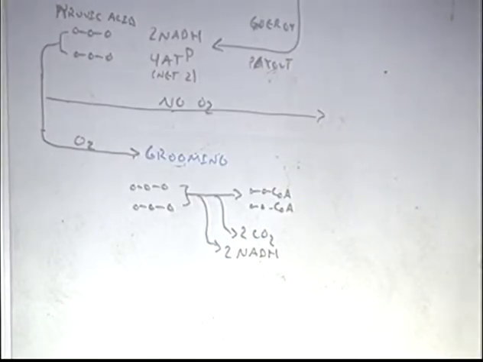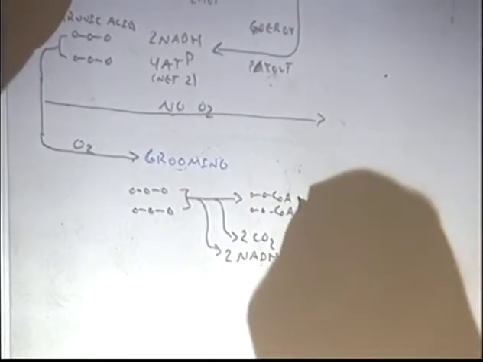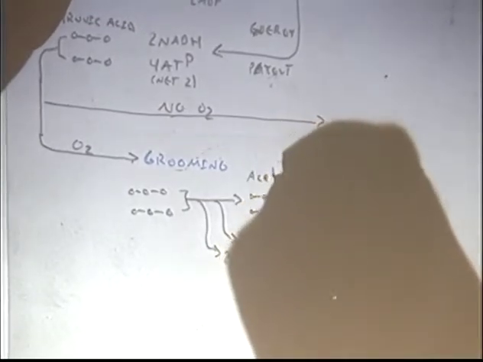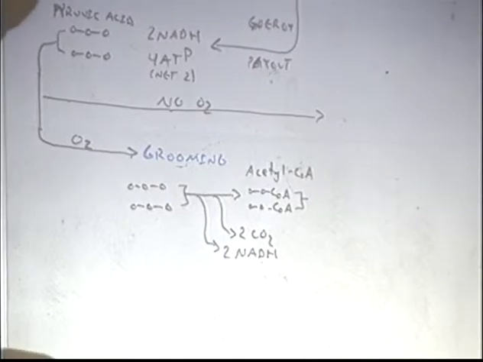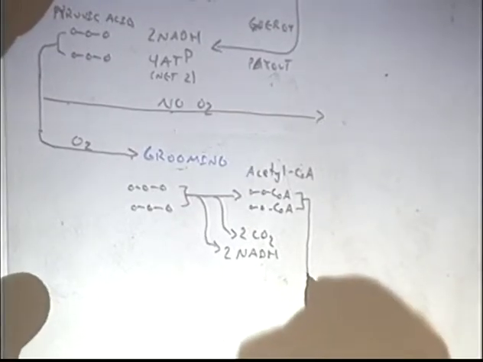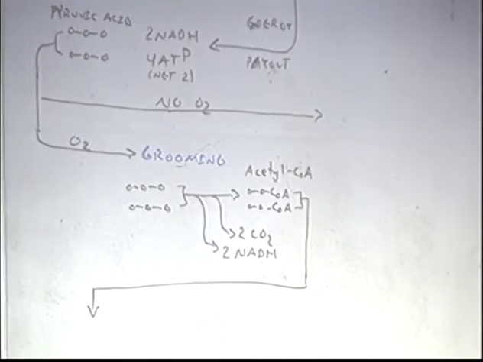The next step then is to take these acetyl-CoAs. In fact, we should go ahead and name these. These are acetyl coenzyme A. And those are going to come into the Krebs cycle.